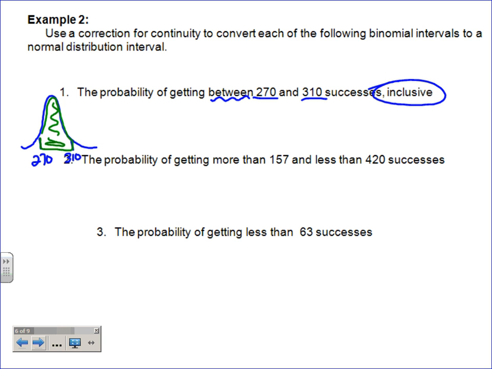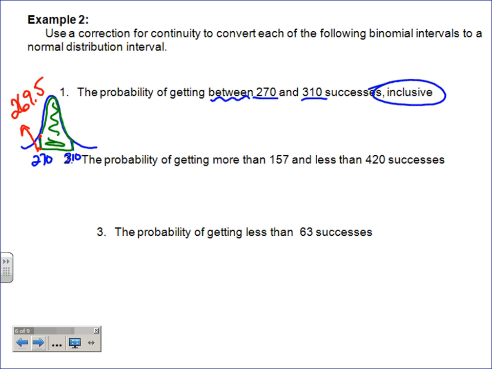The problem is when we use normal, we're going to be missing some stuff. Okay? So do I want 270 to be included? Yeah. So think of 270 as almost the midpoint then. If I want that included, it's the midpoint. So I have to come over here a little ways to make sure that I get all the area I need. So it's not 270 I'm going to use, but 269.5.